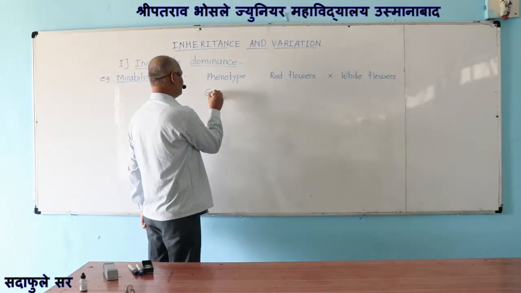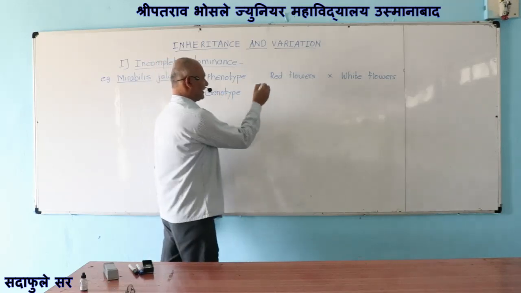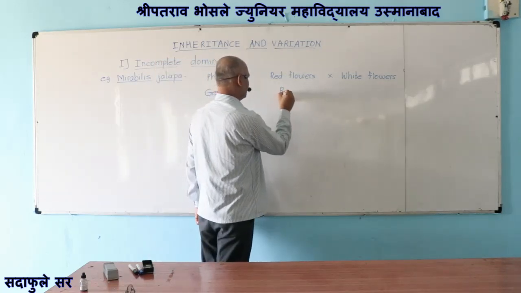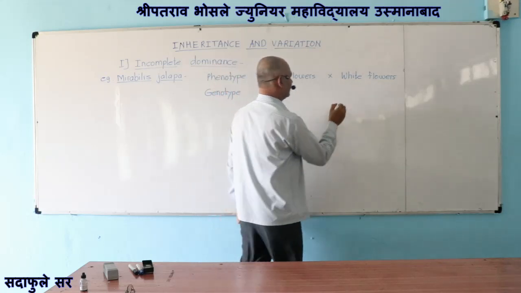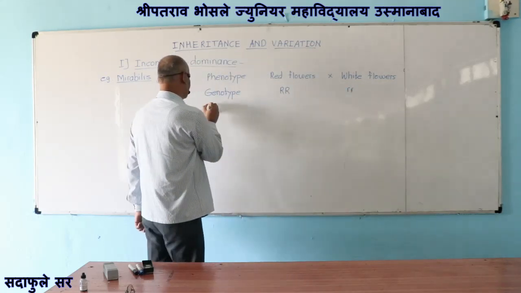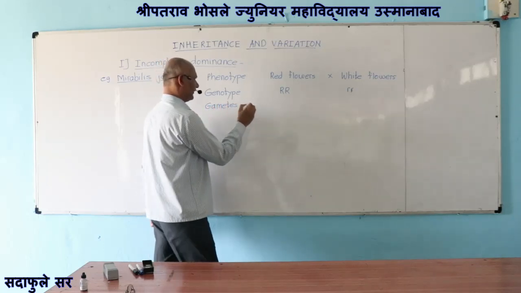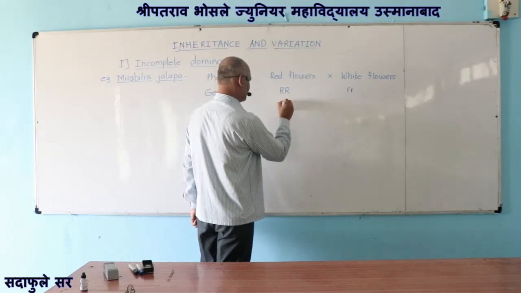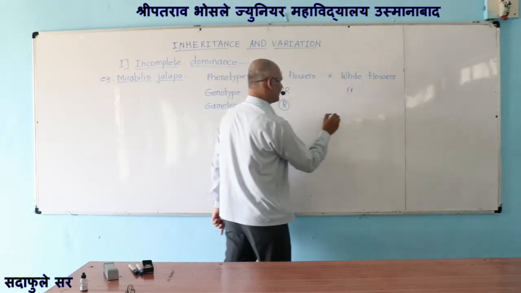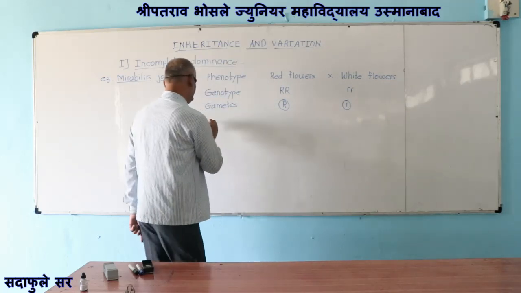Now the genotype can be represented as capital R capital R, and small r small r. Then gametes: here homozygous, and hence only one type of gamete, and here also one type of gamete.